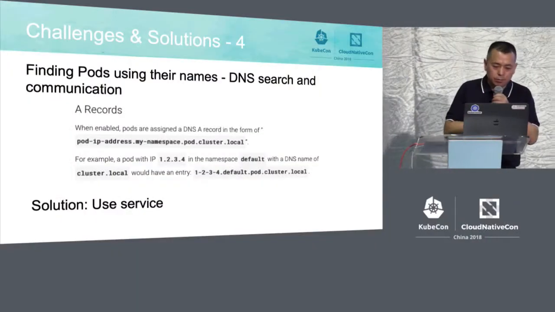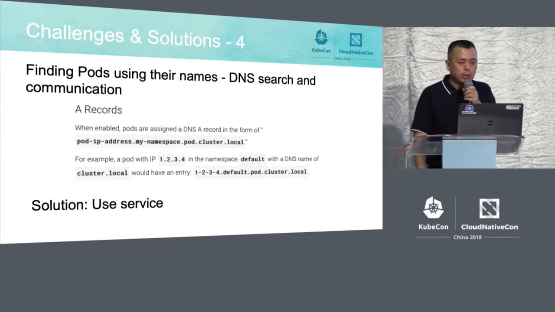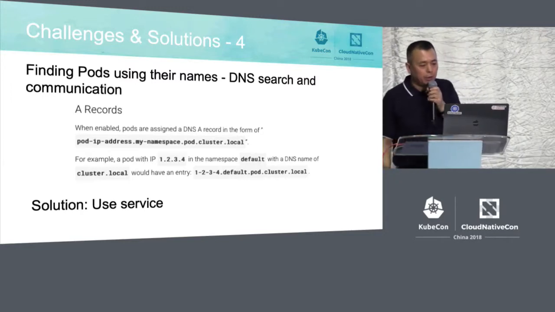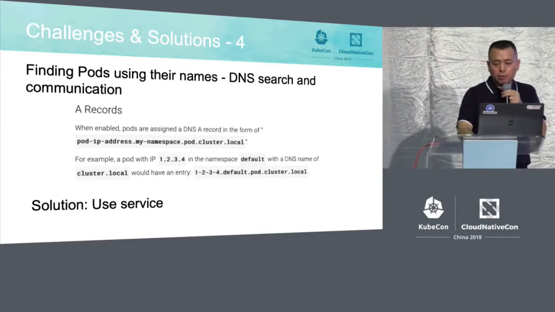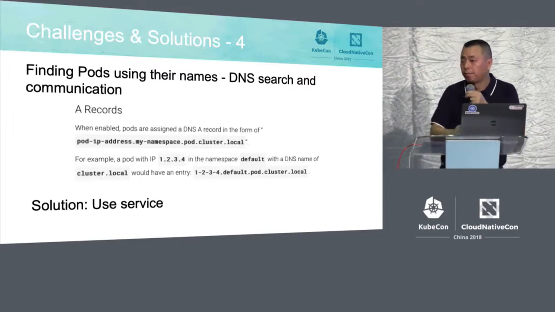So you have a lot of components depending on each other, and those clusters have to know each other to make it work. Normally when you set up Kafka or Zookeeper, you want to have at least 3 nodes, and those 3 nodes have to know each other. That's how they communicate. So the DNS service is important, but you have to set up the services to make that work.